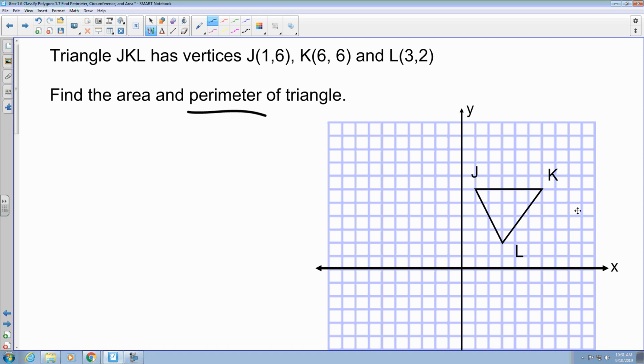JK is the easiest one to find because it's a horizontal line. I can just count. It's 1, 2, 3, 4, 5 units. So JK is 5 units. But JL and KL aren't vertical or horizontal lines, so now we have to use the distance formula.